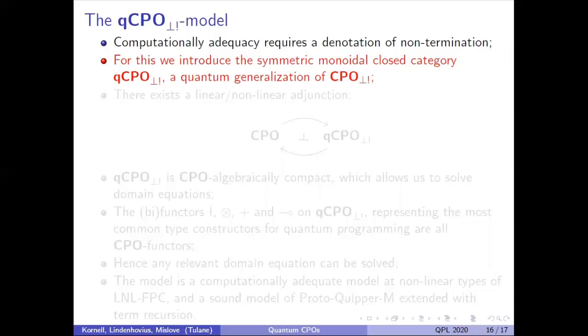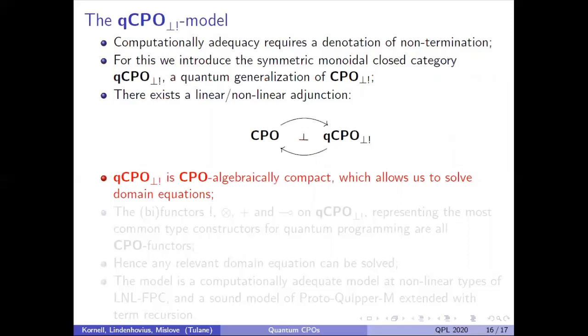Well, CPO bottom strict is a subcategory of CPO. And in a similar way, we can find a subcategory of QCPO, which we call QCPO bottom strict. It's symmetric monoidal closed. And basically, it's the quantum generalization of CPO bottom strict. And we have a linear-nonlinear adjunction between CPO and QCPO bottom strict. Hence, this is a model for quantum programming.